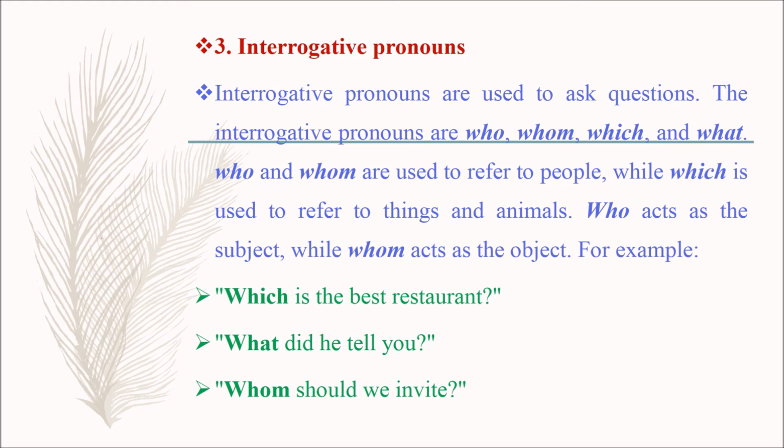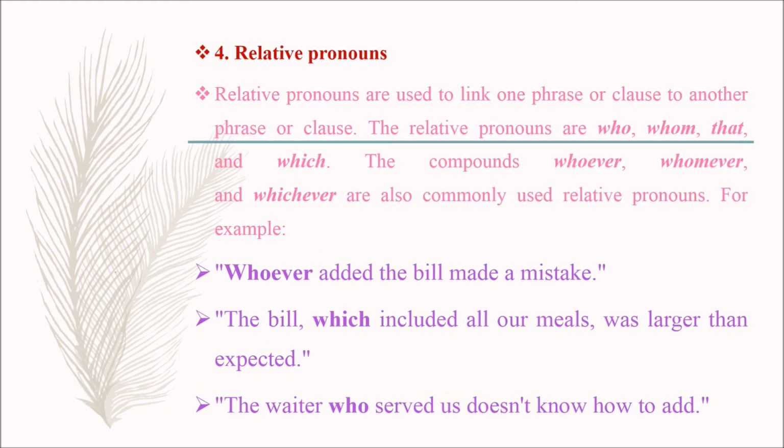Next, we are going to learn about relative pronouns. Relative pronouns are used to link one phrase or clause to another phrase or clause. The relative pronouns are who, whom, that, and which. The compounds whoever, whomever, and whichever are also commonly used relative pronouns.